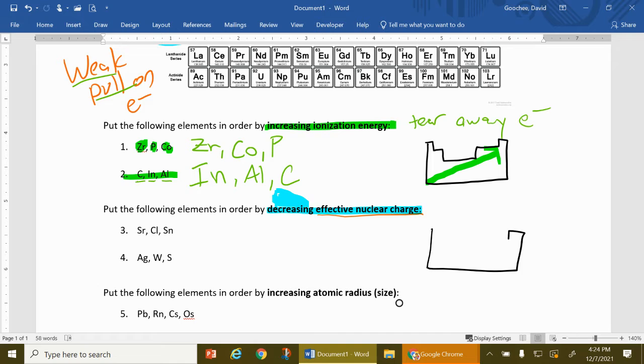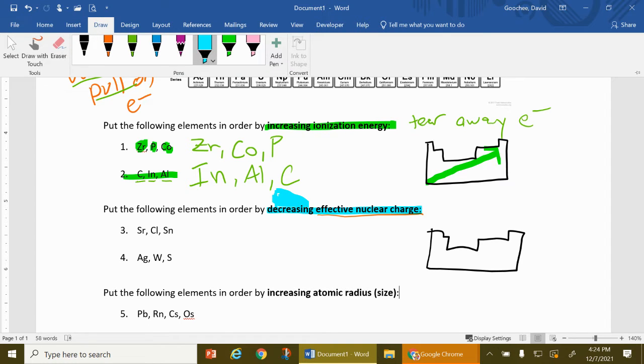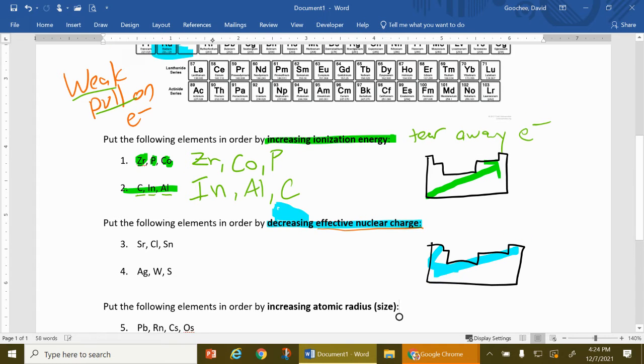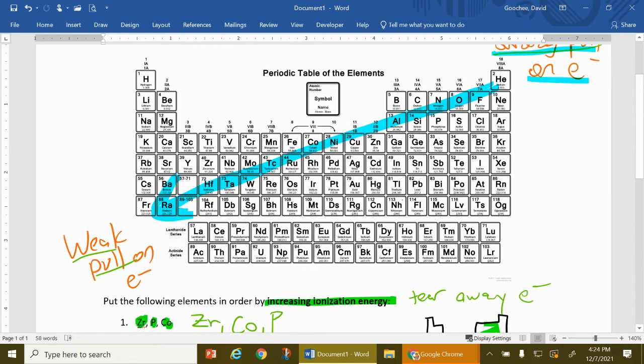Just sketch yourself a little miniature periodic table and note that this one is going from top right to bottom left, so you align these elements from the top right to the bottom left. Let's try these first ones: strontium, chlorine, and tin. Let's find them.